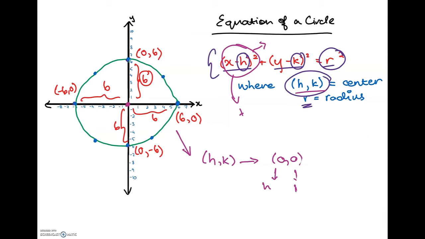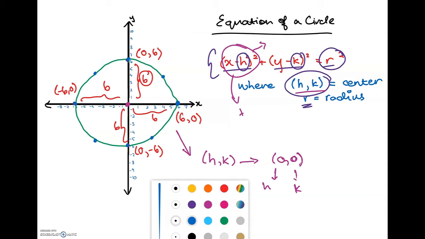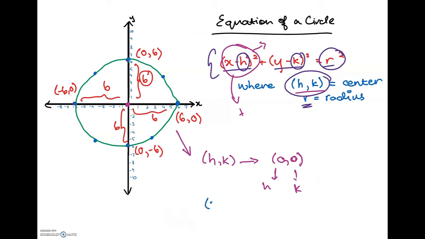In this specific example, it's 0. 0 is neither positive nor negative, so it doesn't really matter. Let's substitute this in our equation. So we have (x minus h) squared plus (y minus k) squared is equal to r squared. We know that h is 0, so let's substitute 0 here, and k is also 0.